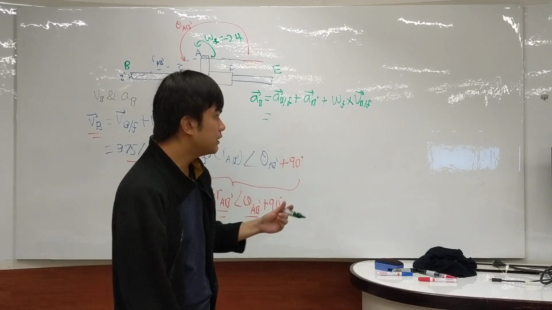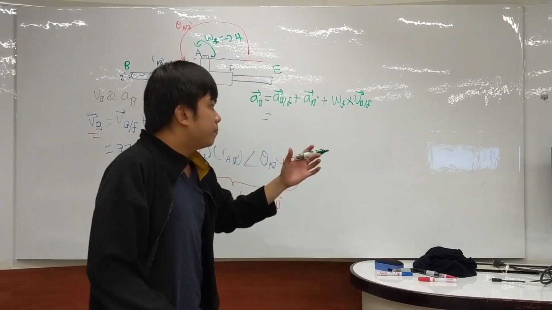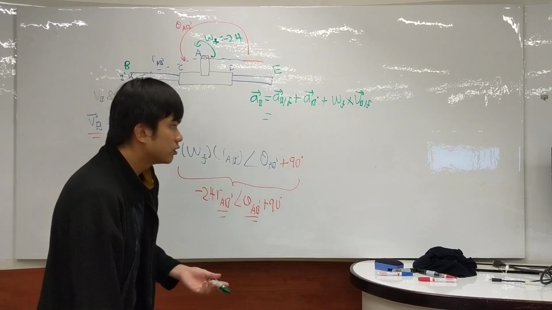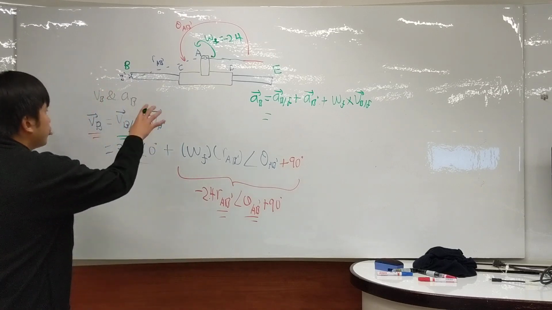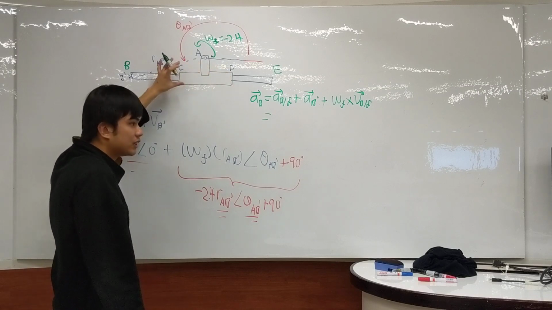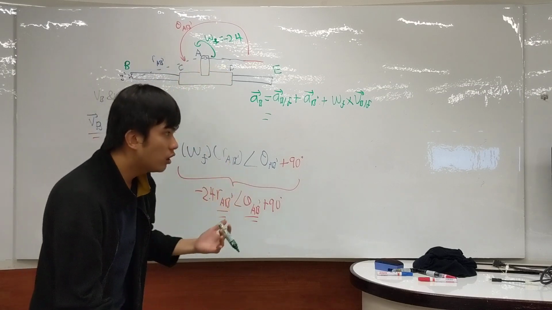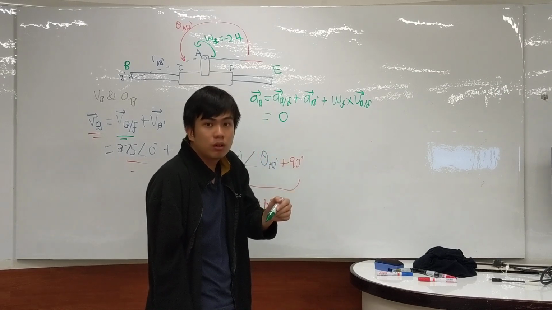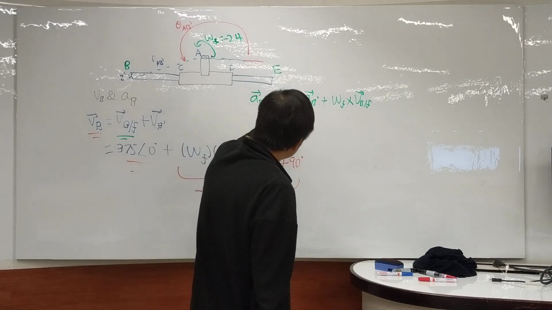Now, in this case, it says that V B slash F is a constant. It says that point B is moving to the right with respect to this cylinder at a constant velocity. So in this case, the acceleration of B with respect to F is 0 because it is given in the question.